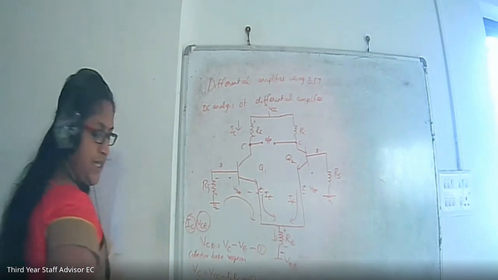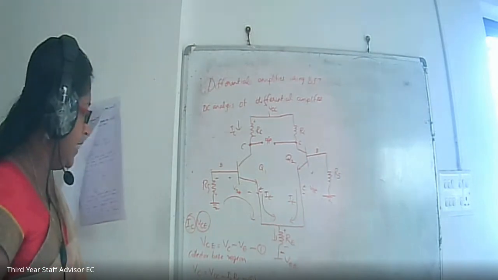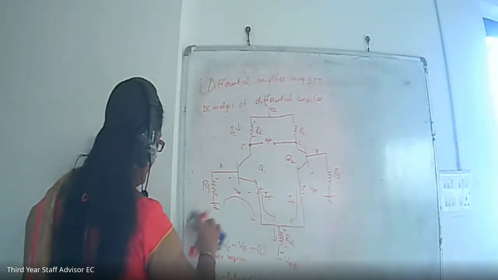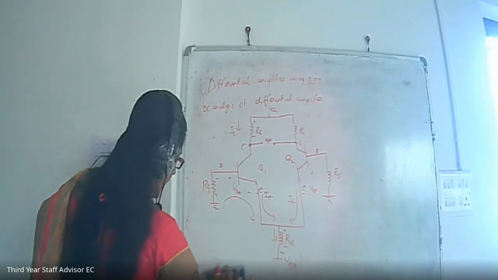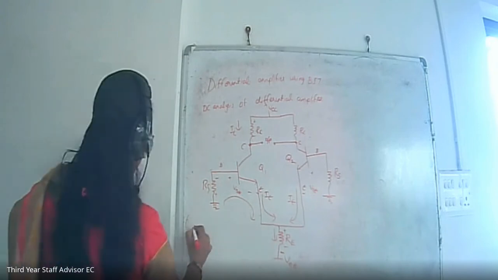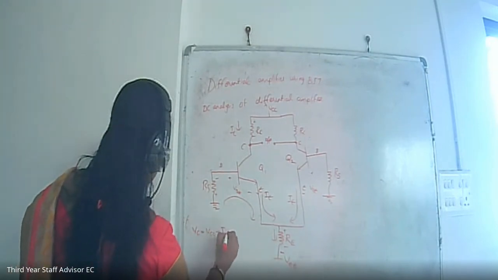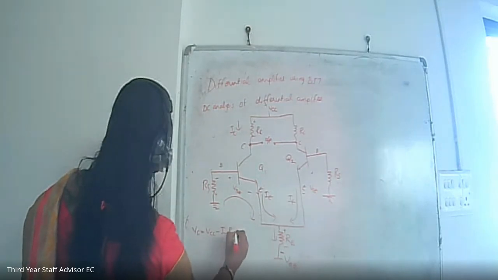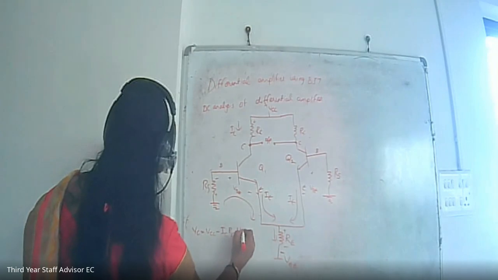So what will we be getting? VCE equal to VCC minus IC RC, and instead of minus VE, with VE equal to minus VBE, it will become plus VBE.